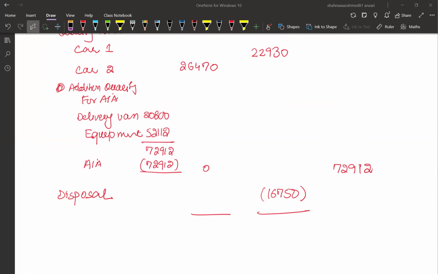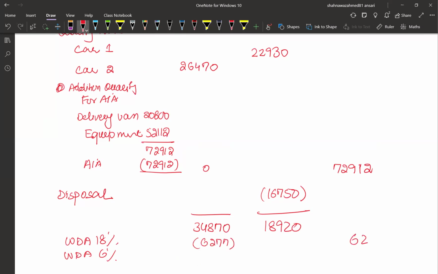It's 34870. And we have 18920. So WDA of 18% is applicable on main pool, and WDA of 6% is applicable on special pool, which is 6277.